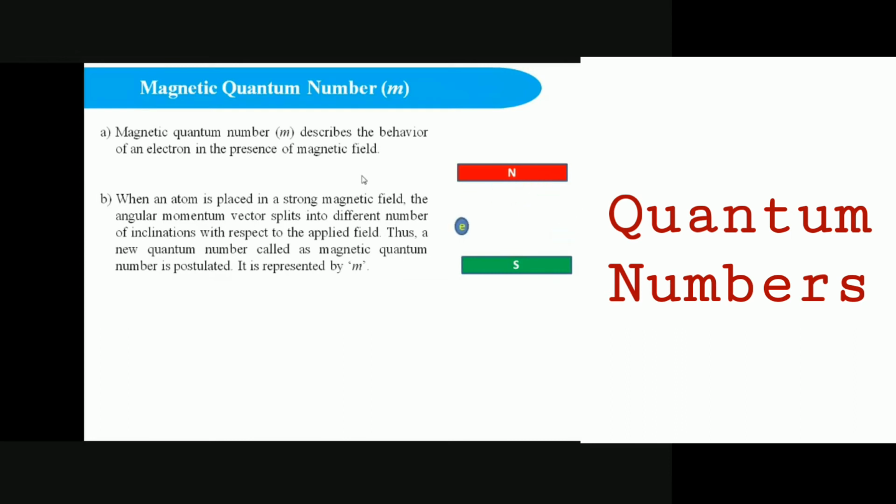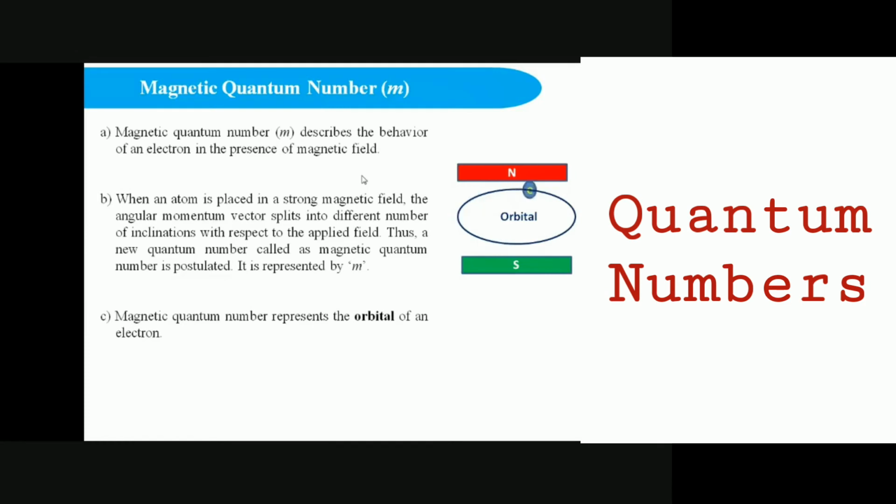Similarly, when the electron is placed between magnetic poles, it will orient itself in various angular vectors. So it is having some certain path. Okay, this path is nothing but the orbital. This is represented by the orbital.